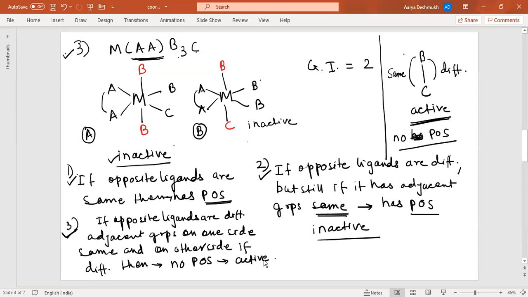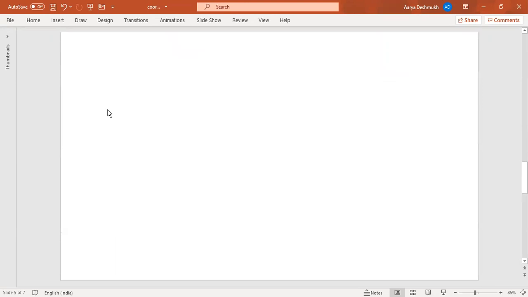No plane of symmetry. Okay, now we go to the next slide. There is no space left here. I will draw the structure.